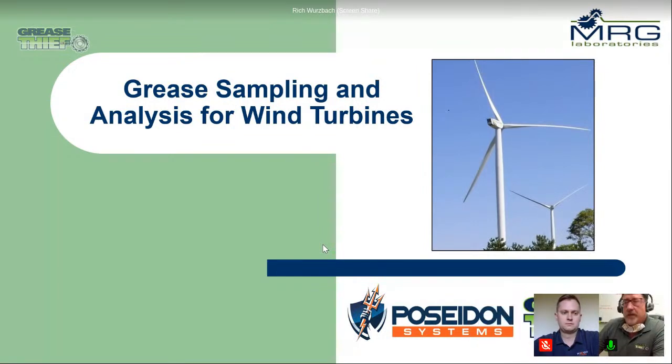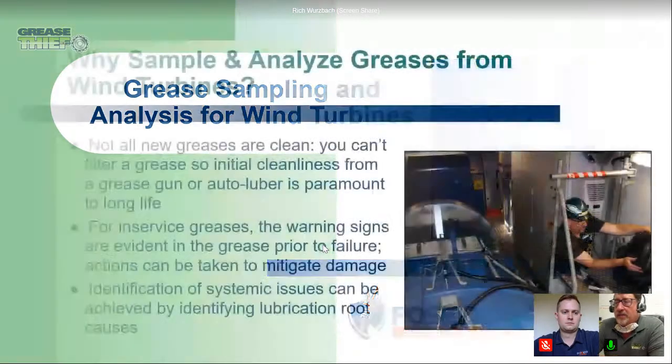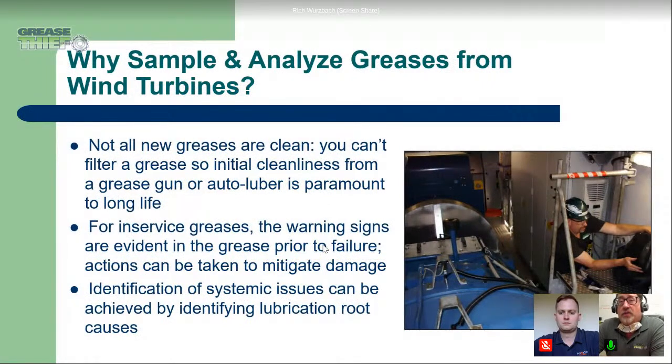We're just going to give a little bit of background on how we get to this point and really ask that first question. Why would we sample and analyze greases from wind turbines? There's a few things to consider here. One is that, before we even start to talk about the condition of the machinery, which is what we often focus in on when we're sampling and analyzing greases, it's about considering the grease itself, because not all new greases are clean.